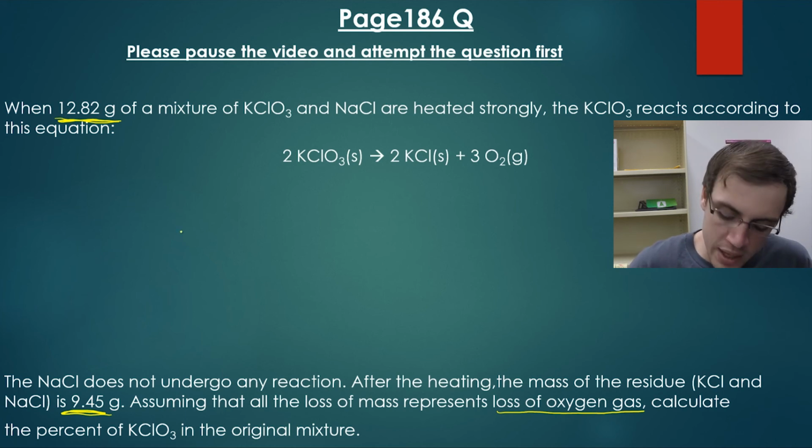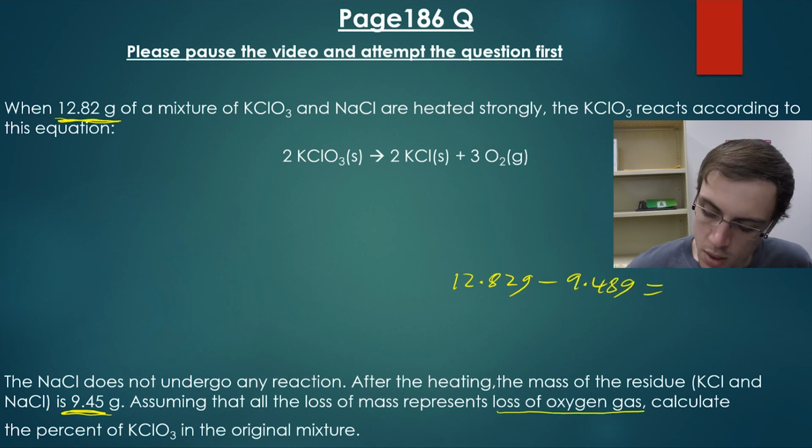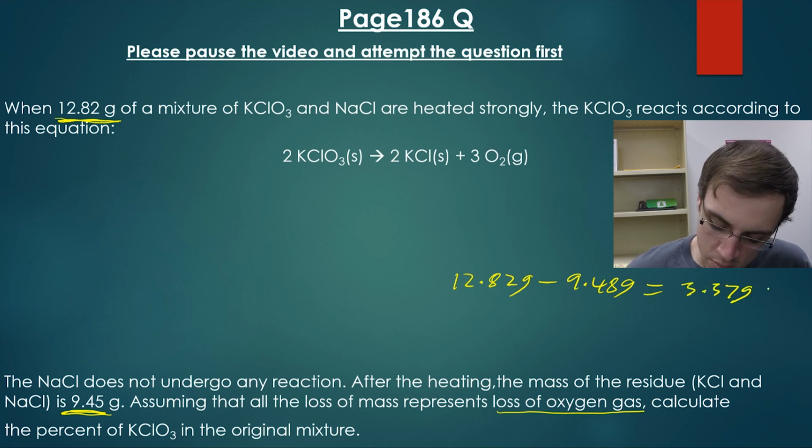So that means that if we know that our initial mass was 12.82 grams, and we know our final was 9.48 grams, that gives us a total of 3.37 grams of oxygen.